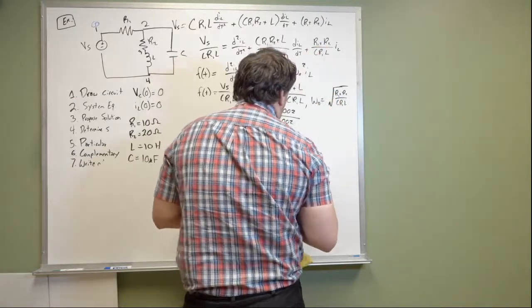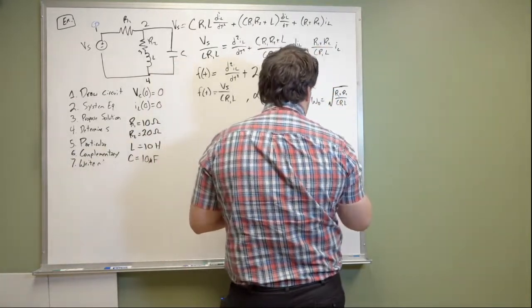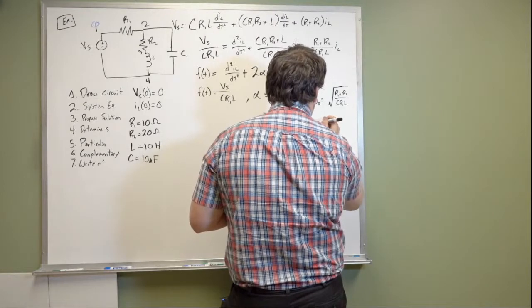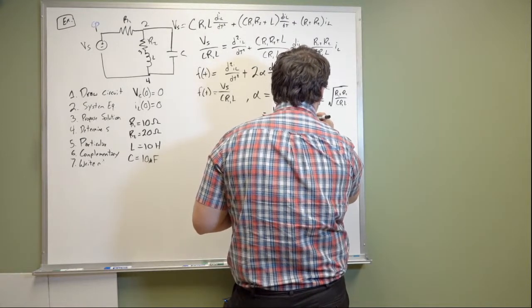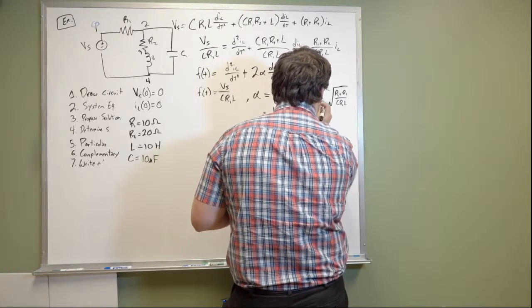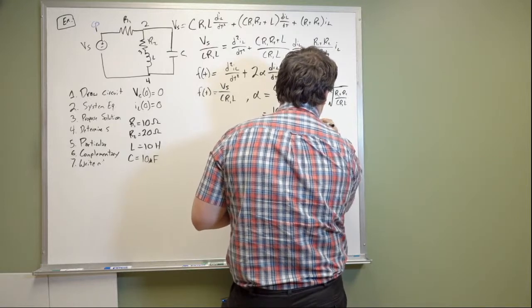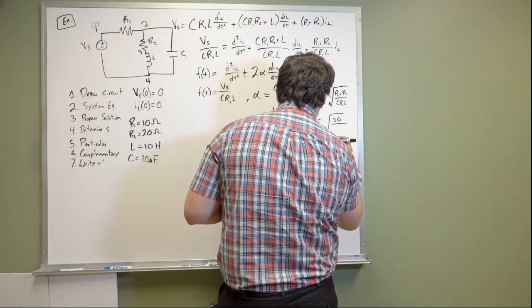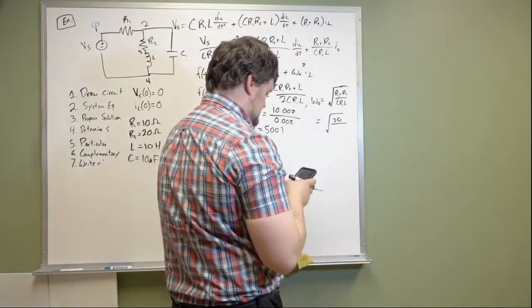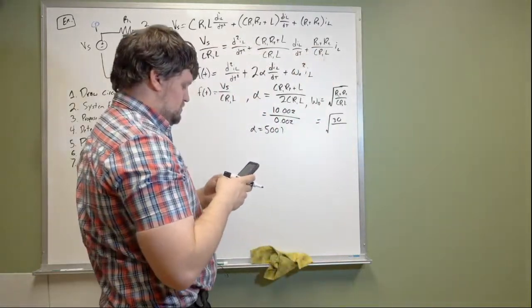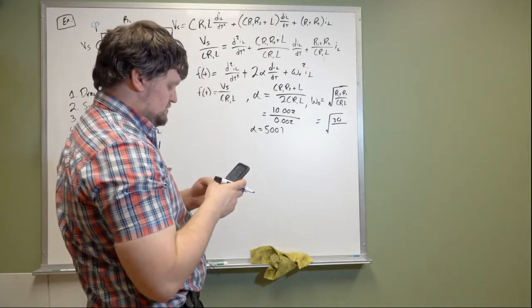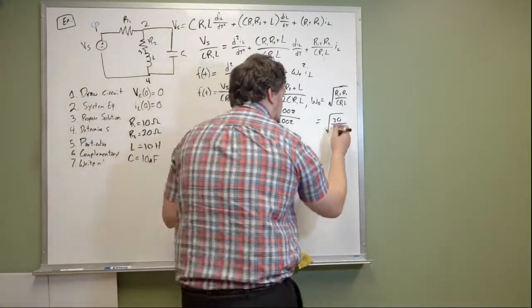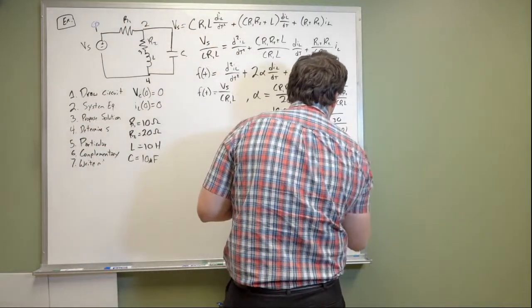Okay, our omega naught value is equal to the square root of 30 over, and here this is 0.0001 times 10 times 10. That's 0.001.